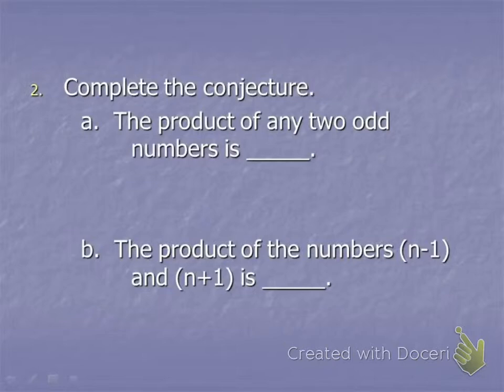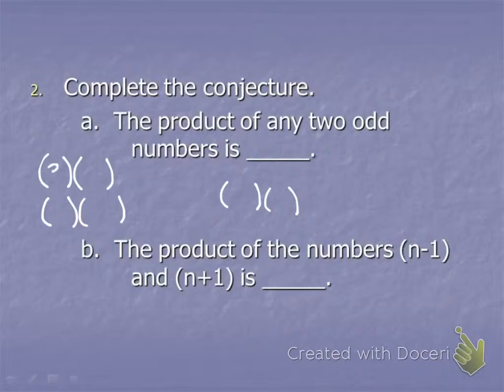Alright, so part A, we're doing a product. I'm going to use parentheses this time, so I'm going to set up some blanks, and I'm going to fill them in as I go. And I'm only filling them in with odd numbers. Someone tell me an odd number. 3.